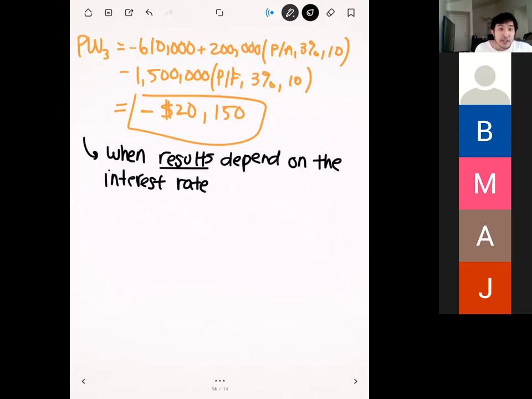What I mean is whether that affects your decision on whether you should go with one option or the other, or whether this is a good investment or not. Maybe the better word is decision. When the decision that you make from your present worth analysis depends on the interest rate, then present worth will give you basically unreliable results.